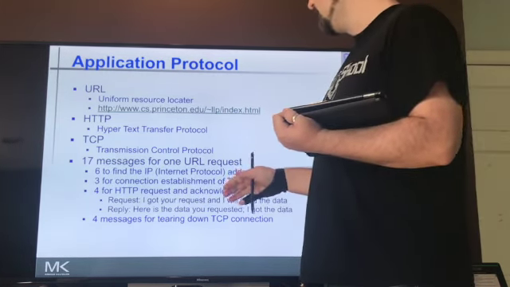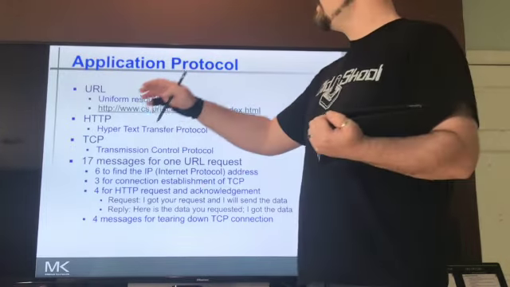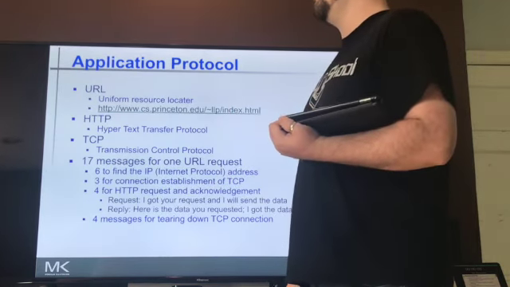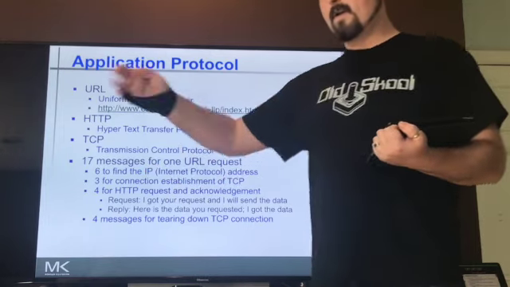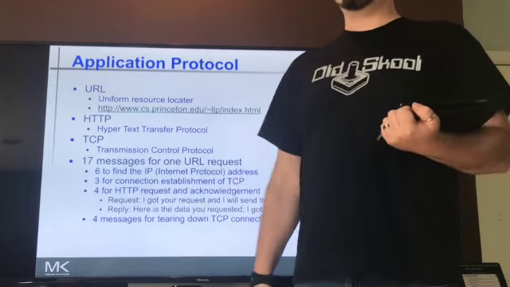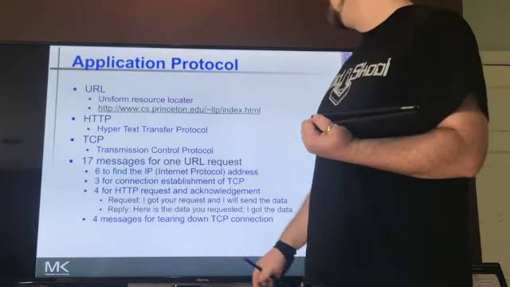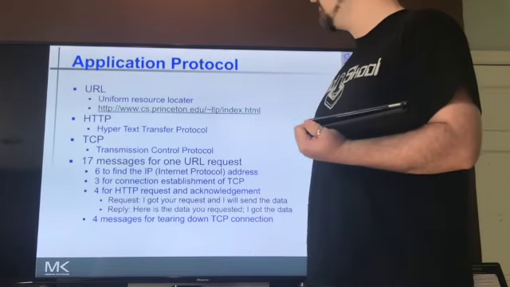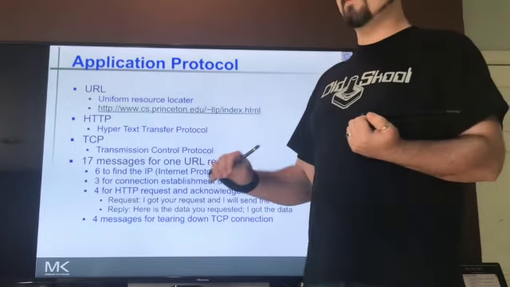And then finally, after you've found the machine and after you've connected to the machine, and I put connected in quotes, now there are a number of messages for requesting the web page. You send a request and you get a reply, and then there's acknowledgments being passed back and forth, and that's for one piece of a web page.